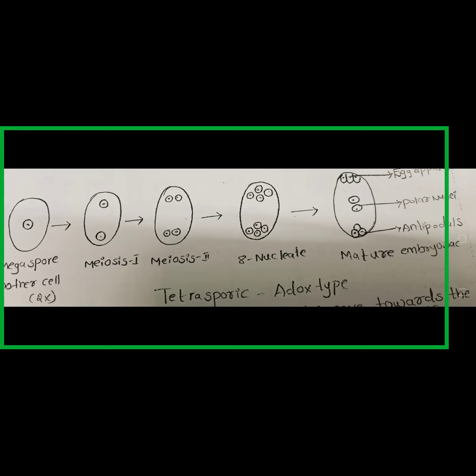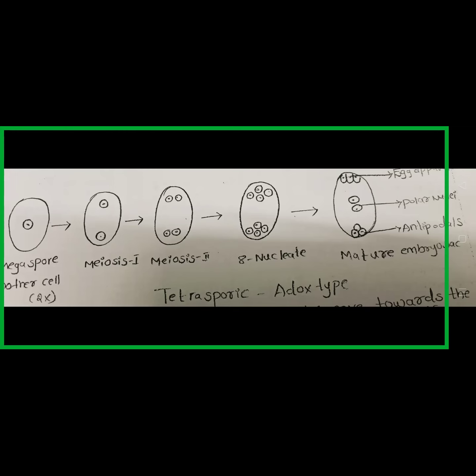That's why only one mitosis occurred in this situation. So 2 nuclei are at the micropylar end and the other 2 are at the chalazal end. Then after the mitosis 1, totally 8 nuclei are present. So at the micropylar end 4 and at the chalazal end 4.